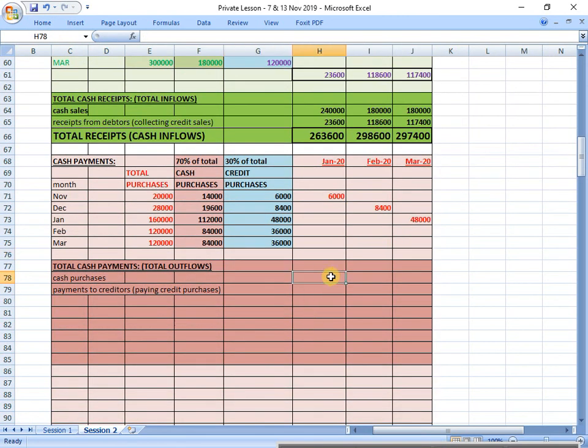Right, so how much cash purchases do I have in January? No, 112.